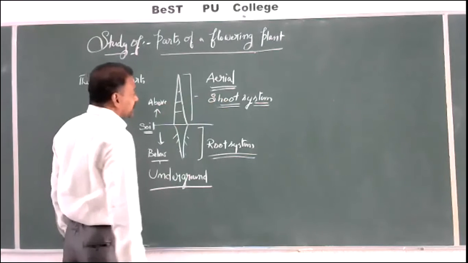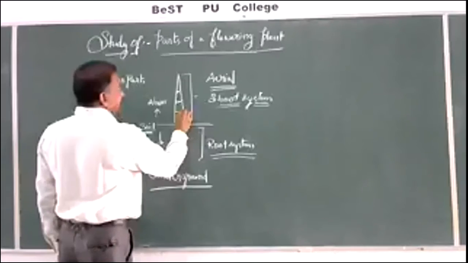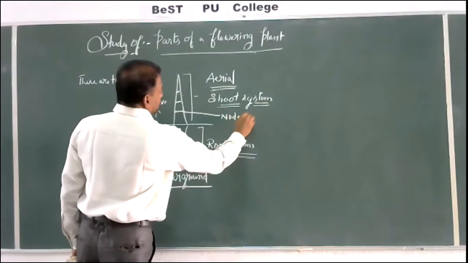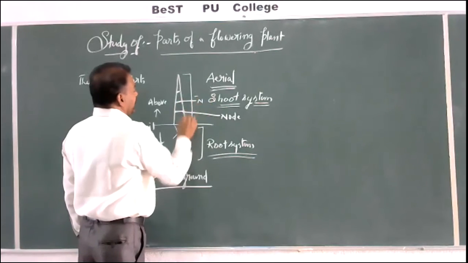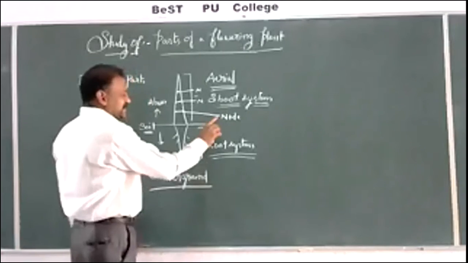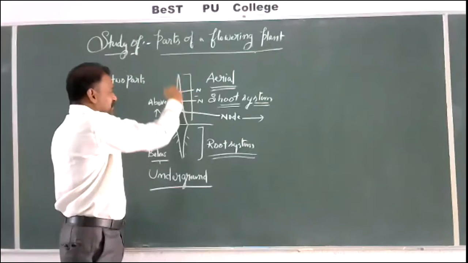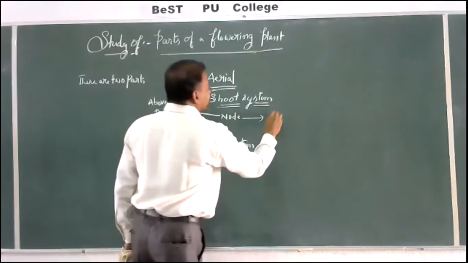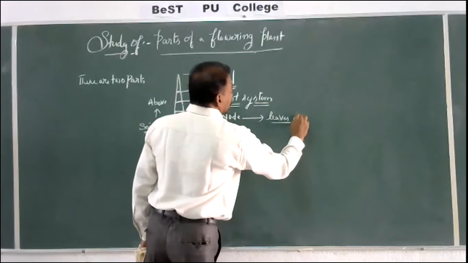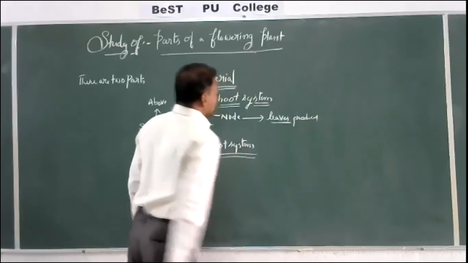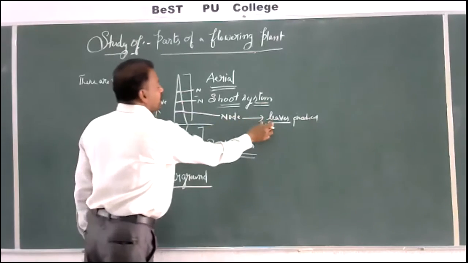In this shoot system, here I am showing you some structures. These structures are called node, N-O-D-E. Another node. So what is this node? Node is the place or region on the shoot system, on the stem, where leaves will be formed. So the area of the stem called node is where leaves will be developed and produced.